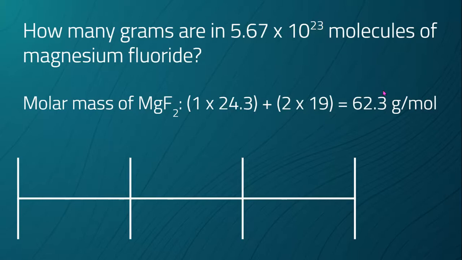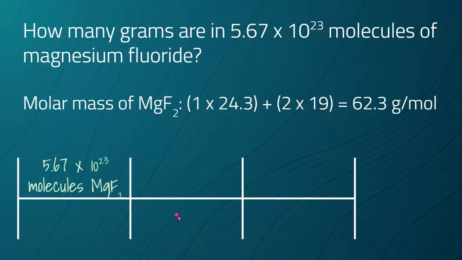Now I'm going to start by plugging the number in our question in the upper left-hand box. So that would be the 5.67 times 10 to the 23rd molecules of MgF2. I changed it to molecules of MgF2 because now I'm working with a compound instead of just an element. Since I have molecules up, I need to do molecules of MgF2 diagonal down.